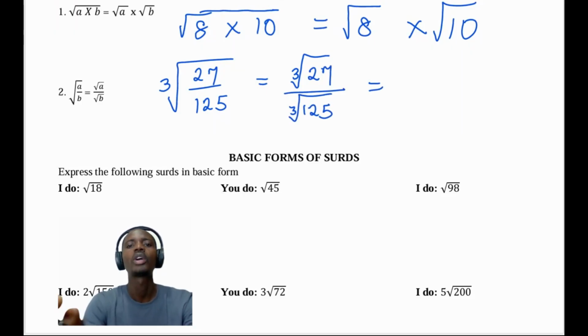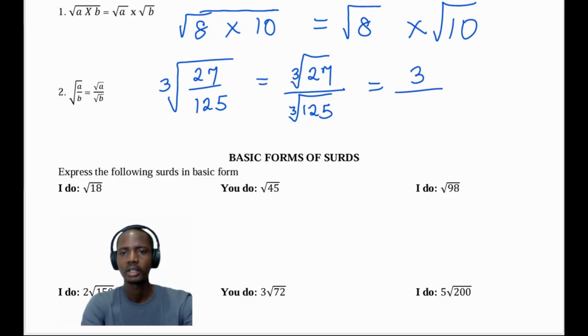And the cube roots, what number do you multiply by itself 3 times to give 27? So it's 3. 3 times 3 times 3 gives 27. So that's 3 over, now the cube root of 125, it gives 5. 5 times 5 times 5, that gives 125. So the cube root of 125 is equal to 5. So that's 3 over 5. I hope that is clear.